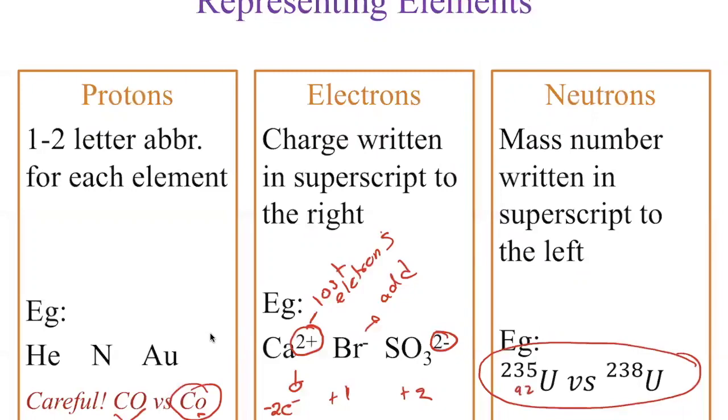So this is never going to change. But the mass is the number of protons plus the number of neutrons. So the protons for both of them is 92. But what changes now is the neutrons. And these are called isotopes. That's how we're going to start our next topic, isotopes: same number of protons, but different number of neutrons.